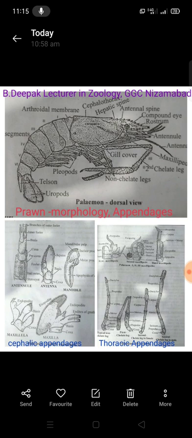Each segment of the exoskeleton consists of a dorsal piece. పై భాగంలో ఉన్నటువంటి dorsal piece is called the tergum. The ventral piece is called the sternum.